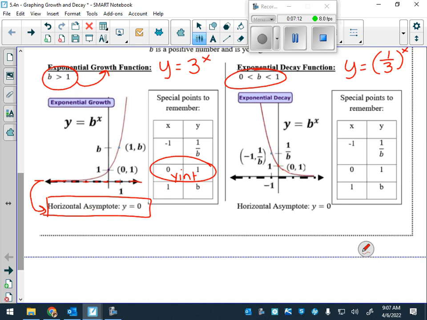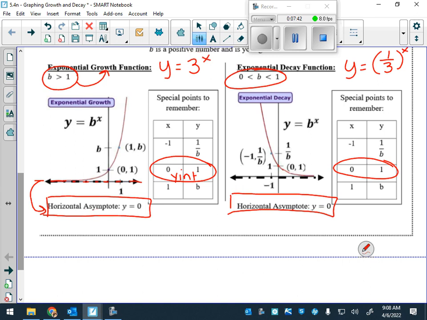A fraction, 1/3, 1/4, 2/3. Meaning exponential decay. Your asymptote is still the same. Everything is identical, however, it's going in the opposite direction. It's decreasing. Your y-intercept is still the same. Everything is still the same, but it's going in the decreasing direction.